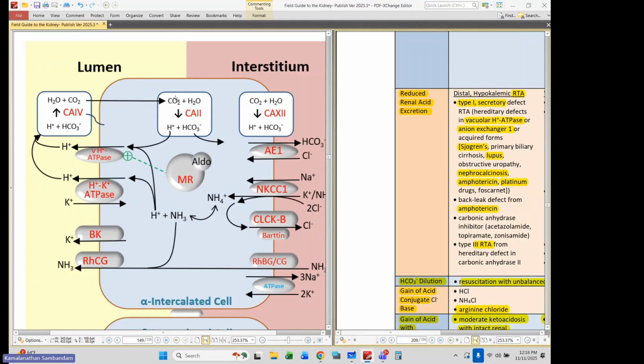You have carbonic anhydrase expressed in the cell at the apical interface as well as the basolateral interface.